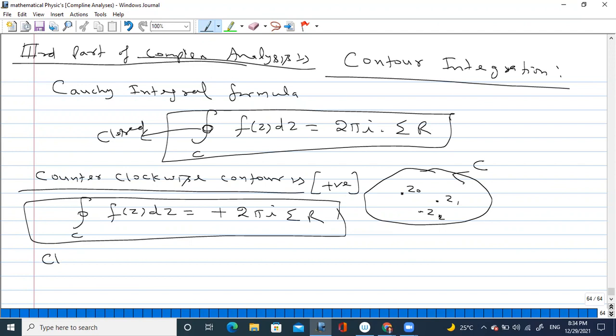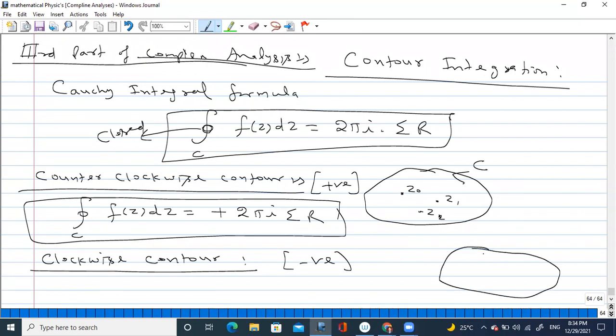If it is clockwise, yesterday I told you one question of KSAT 2021. There in the question it was written that the contour is in the clockwise direction. That's why I have taken the minus sign. So that you must remember. So for a clockwise contour, you have to take a negative sign.